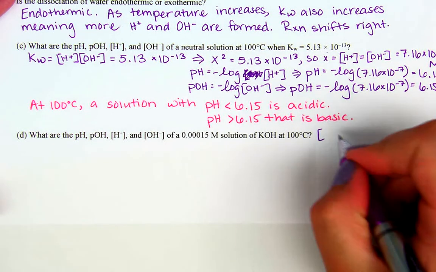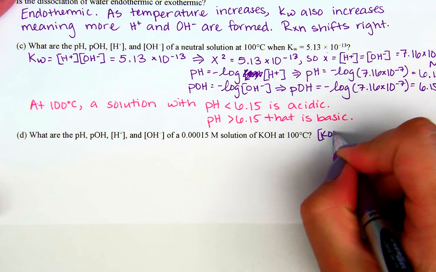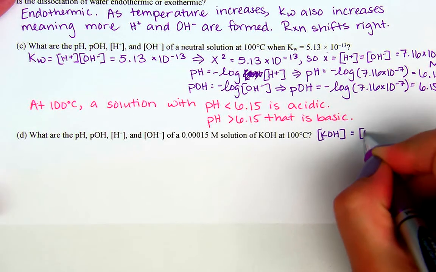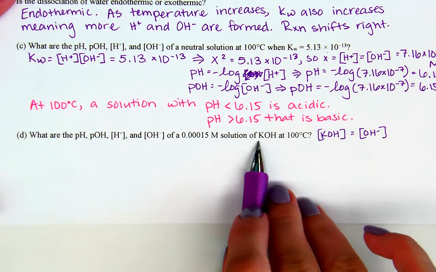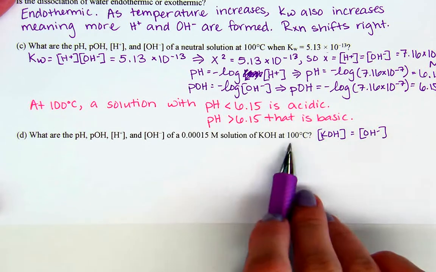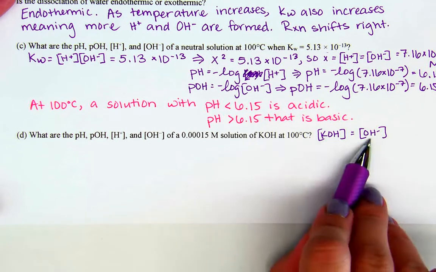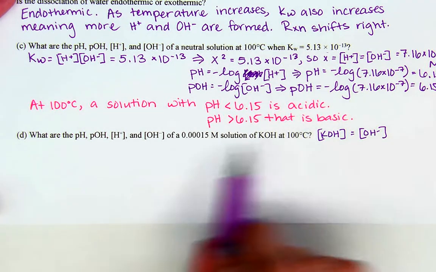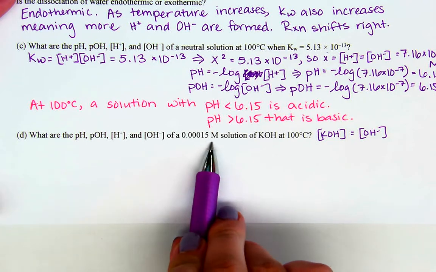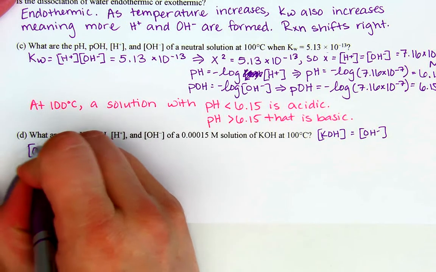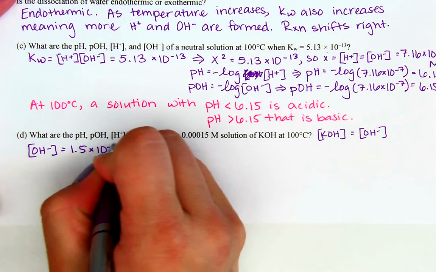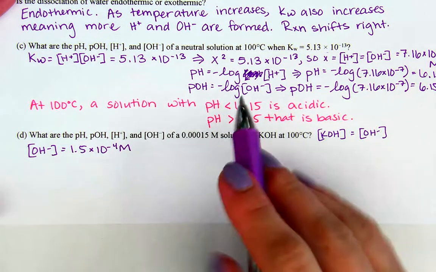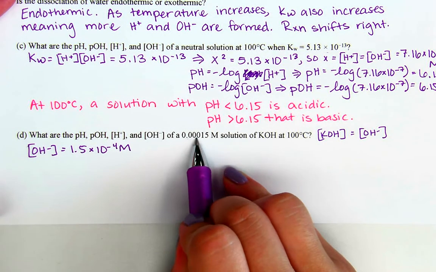So the concentration of KOH equals the concentration of hydroxide, because these break apart in a 1-to-1 ratio, and this breaks apart completely. So for every KOH, we're going to get one hydroxide. So the hydroxide ion concentration equals 1.5 times 10 to the negative 4 molar.